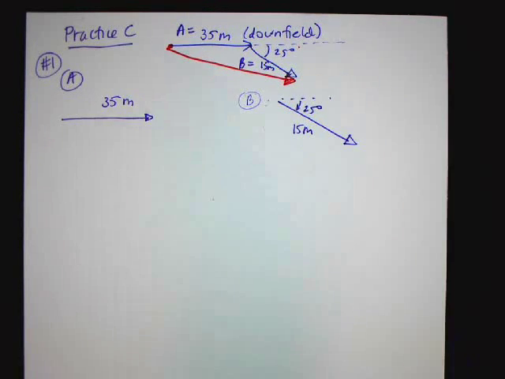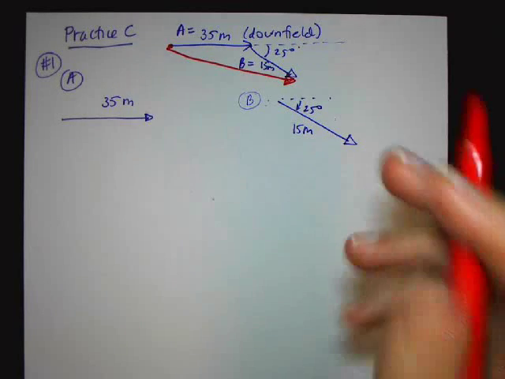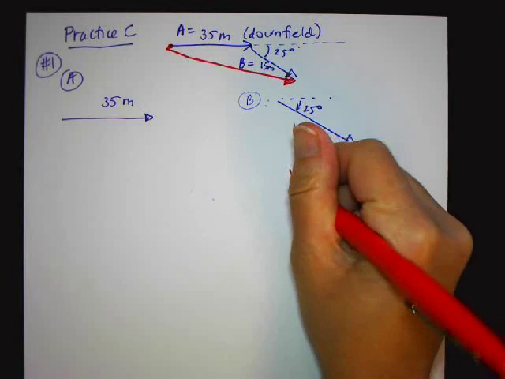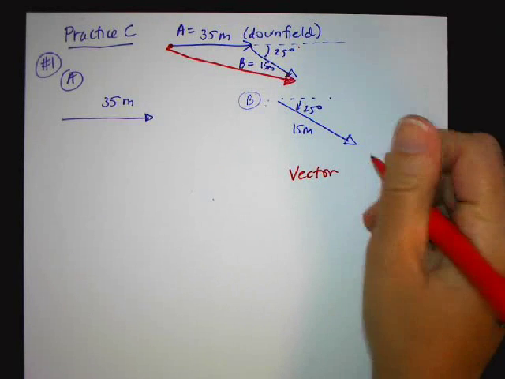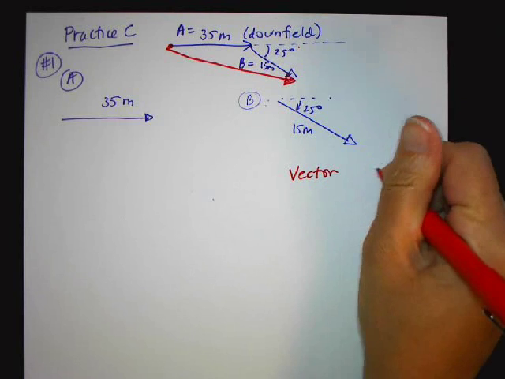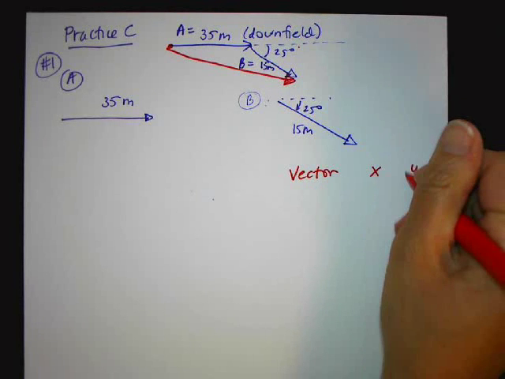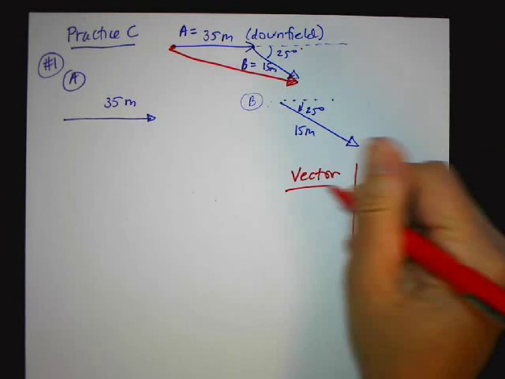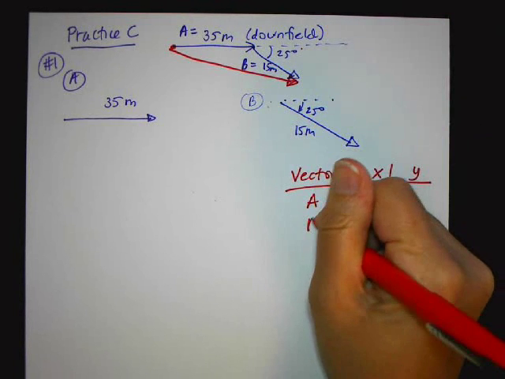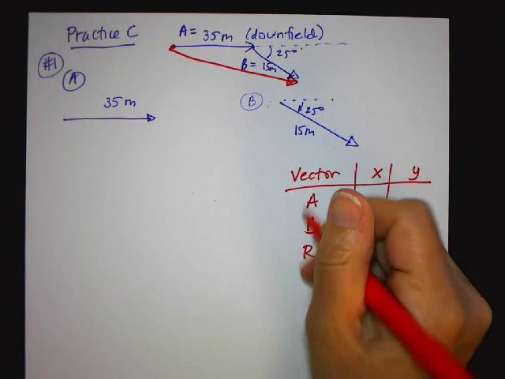The next step is to find the horizontal and vertical components of each vector. It helps to have a table, so you can keep track. I'm going to say vector, and the x and the y. Then I'm going to have A, B, and the resultant, and I want to find Rx and Ry.